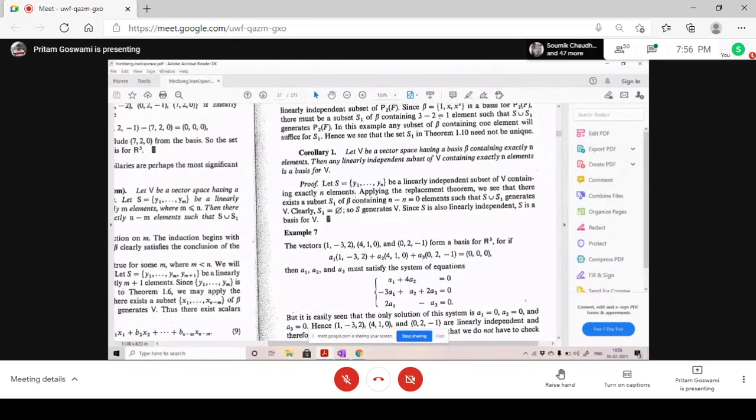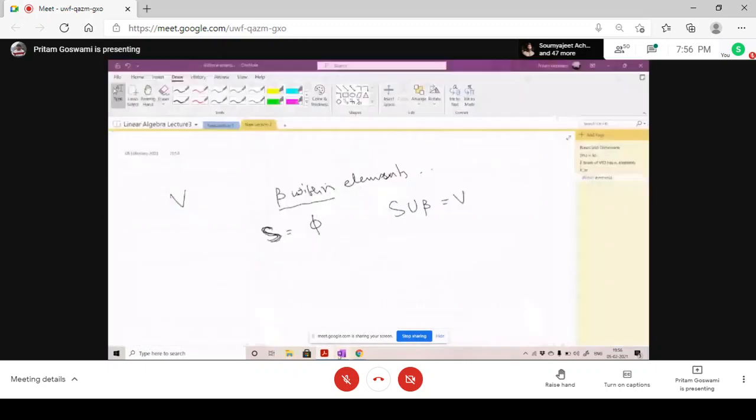So if I don't take any elements from beta, what does the replacement theorem say? It says that if I have a linearly independent set S with m elements, then I can get a subset of beta, S1, with n minus m elements, such that S union S1 will span the whole set, right?